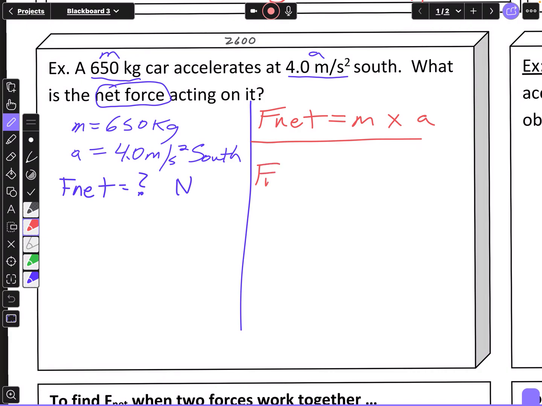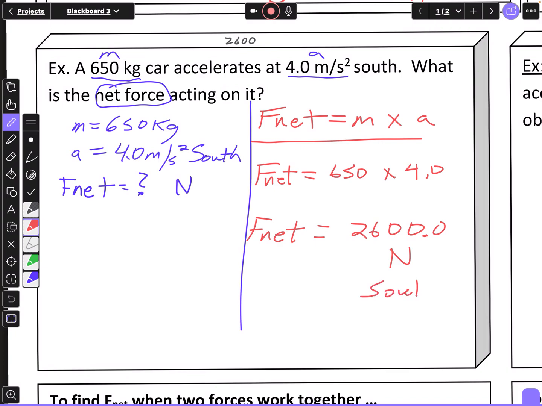I don't know what F net is, so I'm going to leave that as F net equals 650, my mass, times 4.0. You punch that into your calculator, and it's going to give you, I believe, 2,600. And you could leave that as a whole number, or you could say 2,600.0. That's one decimal place, and that would be newtons, and it would be south since it gave me a direction.